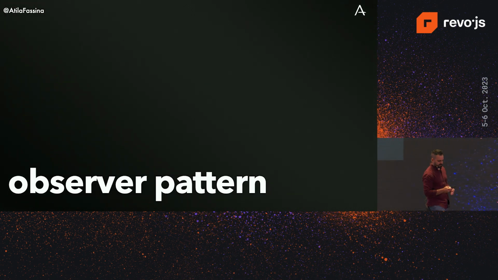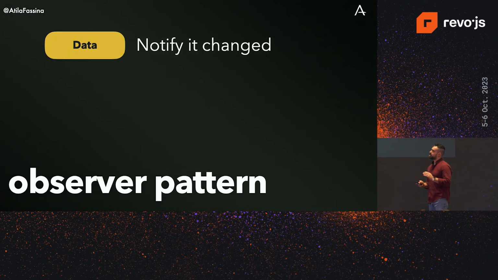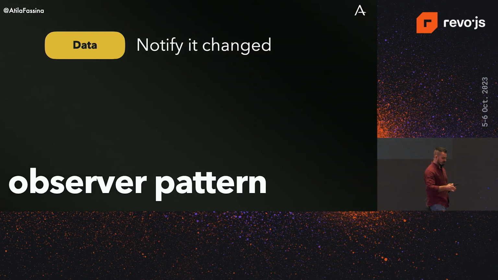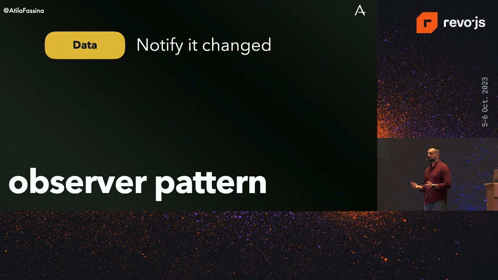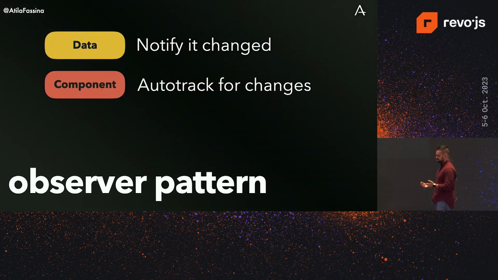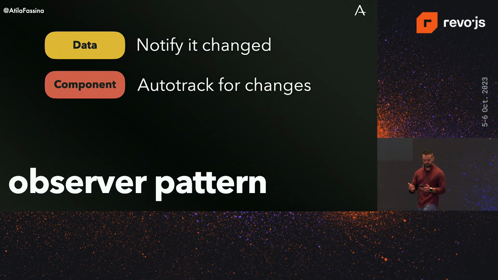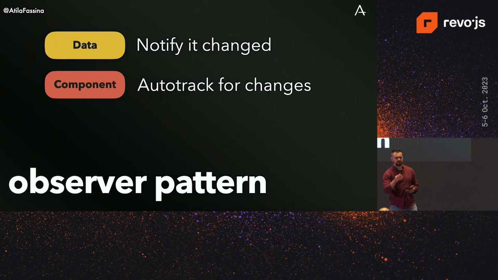But let's see. So the observer pattern, in this case, we have the data that is going to notify the change. That's the push. And then the component that's tracking the change, that's going to be the pull. Remember, we saw that signals are push, then pull.